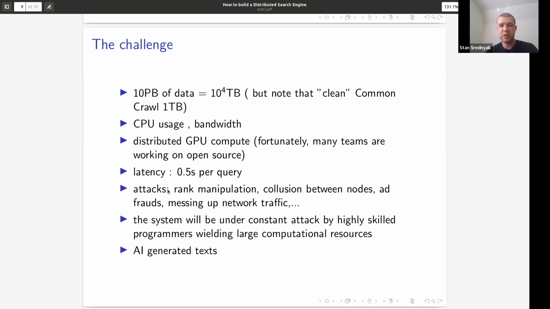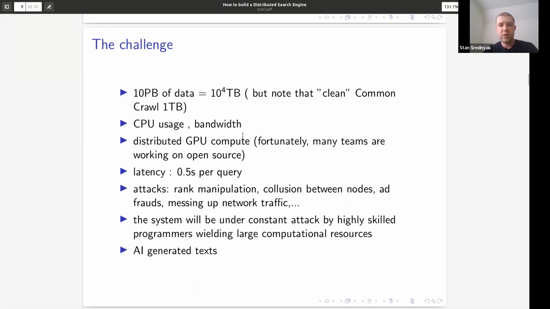But note that if we clean this data and extract only text, and only English text, then it's actually quite substantially less. It's actually around 1 terabyte, and I will cover in more detail where this number is coming from.